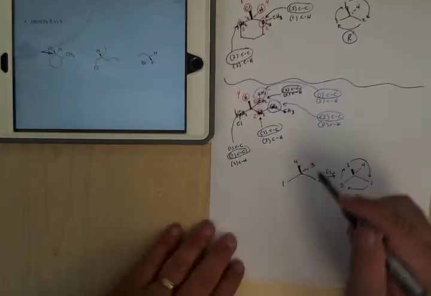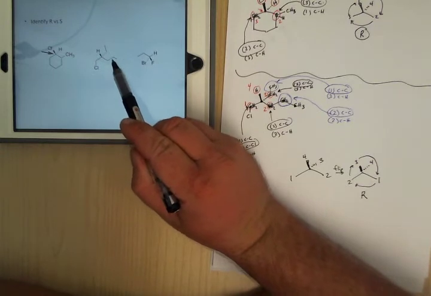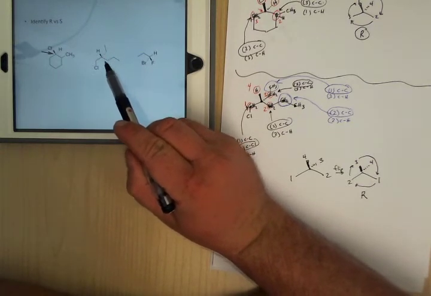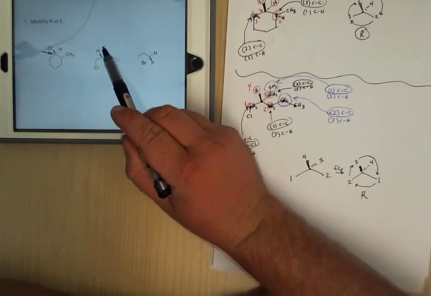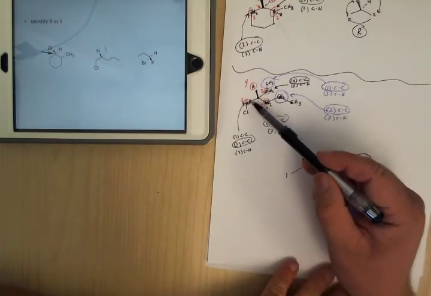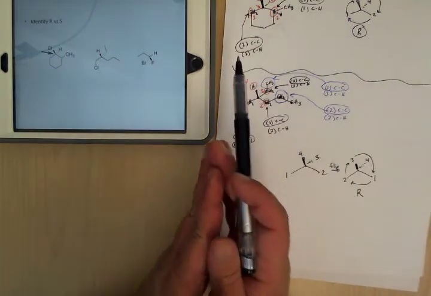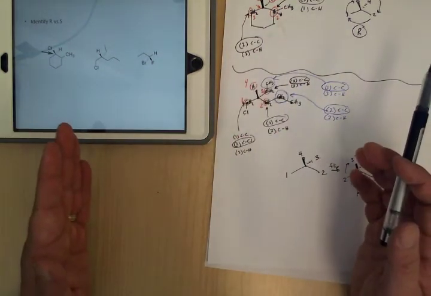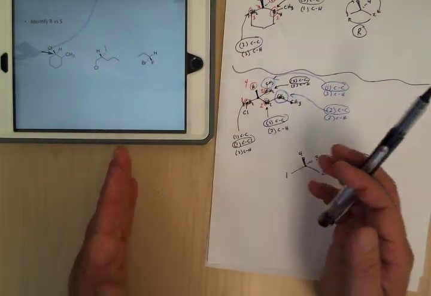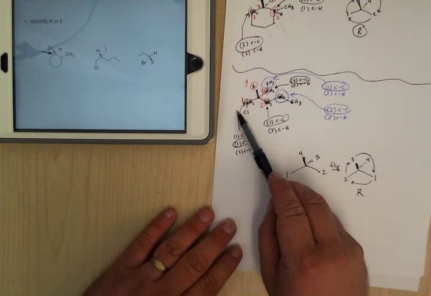Notice on this one, this was a very short chain, and these were longer chains. Even though they're longer, we can assign this priority. As soon as we see a difference, we stop. It's radiating out from the chiral center. That's where you find your priorities. As soon as you find a difference, you're done with that side.